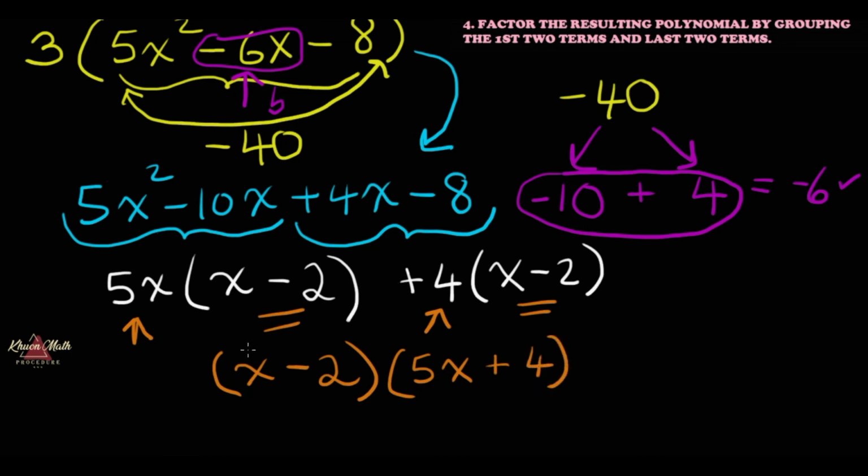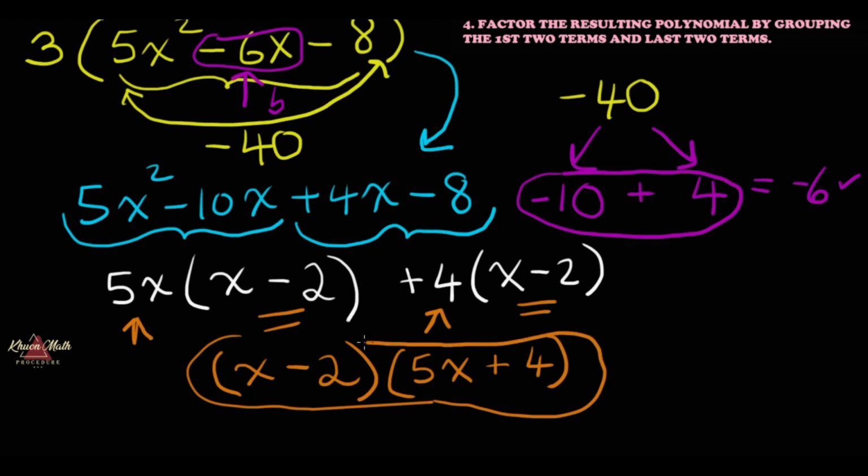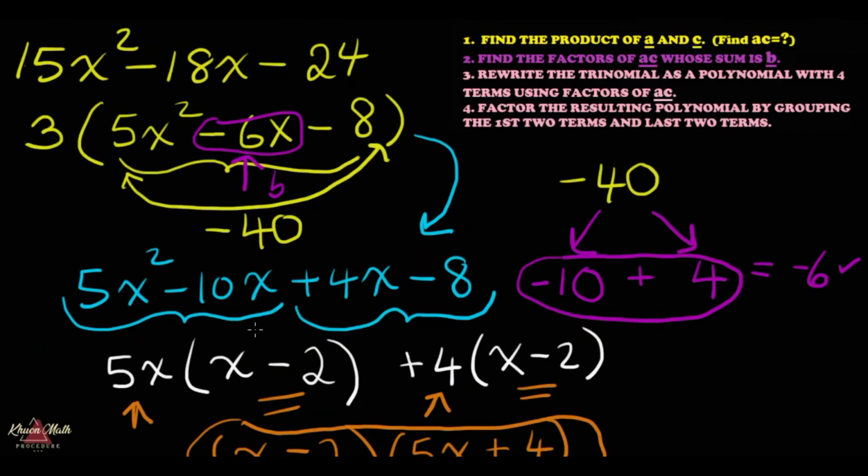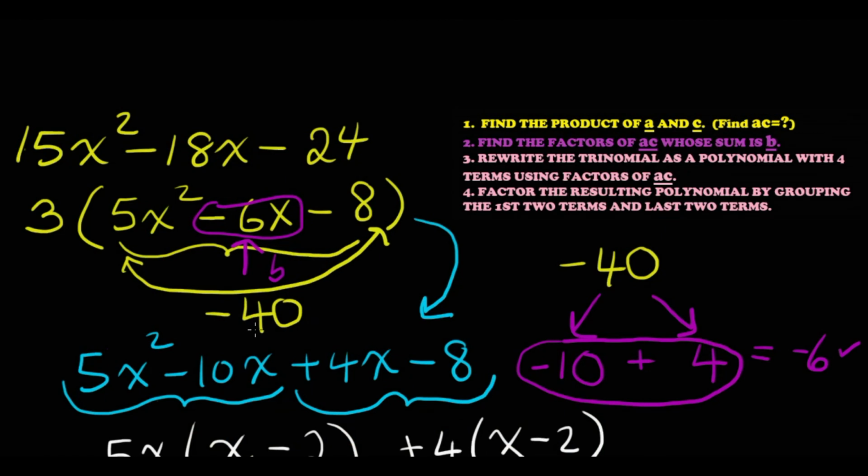And you can check this. You have to check this. What happens if you multiply these two binomials? If those are right, then when you multiply those two binomials, you get back the original expression, which is 15x squared minus 18x minus 24.